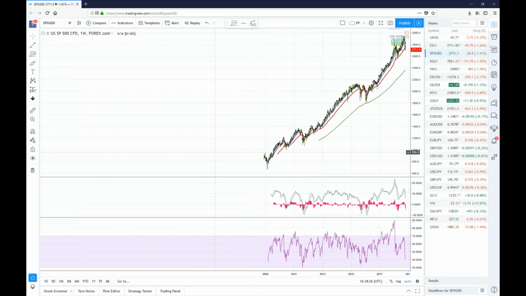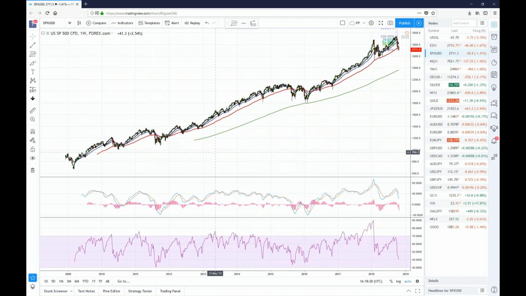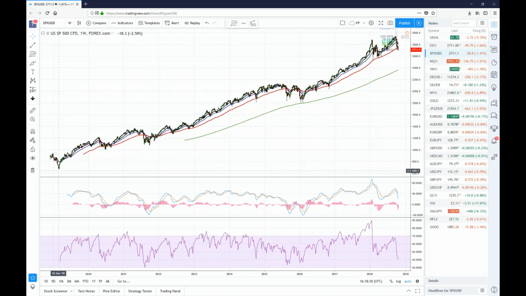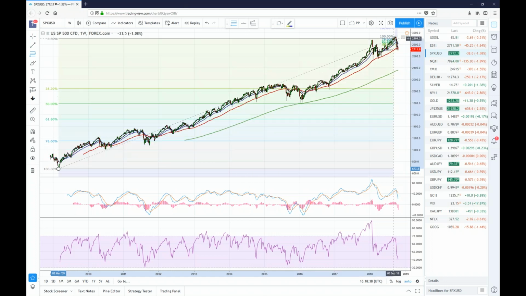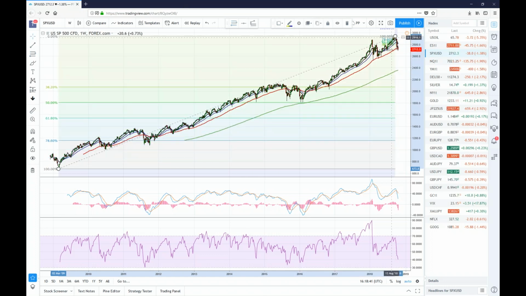This time series starts at 2009 for this market. Obviously, the market was already a little bit lower before, but let's just assume that this actually was the low. I'm starting with the low there, and I'm going to this high here. And guys, you can see if this market truly corrects, a really big, major correction, we haven't even hit that 38.2% retracement of that move. Just keep that in mind.